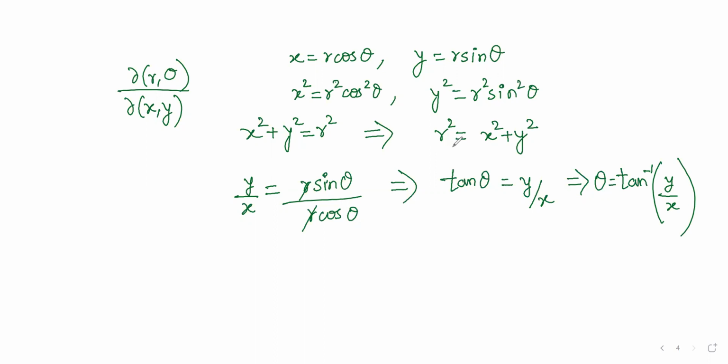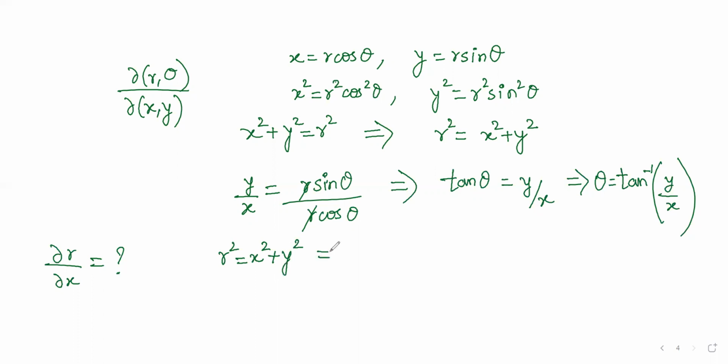So we get the expression for theta and we get the expression for r square. Now we have to find delta r by delta x and delta r by delta y. What will delta r by delta x be from here? We take this expression first: r square is equal to x square plus y square.